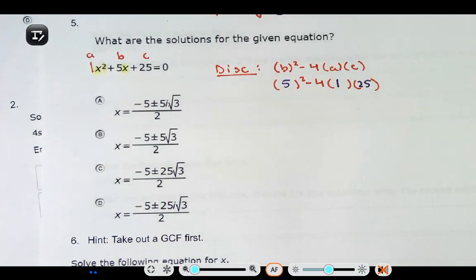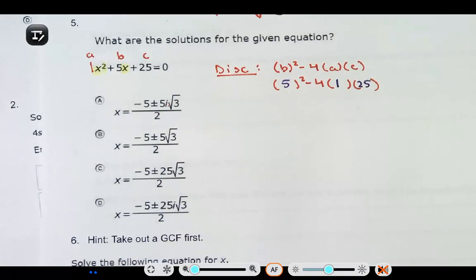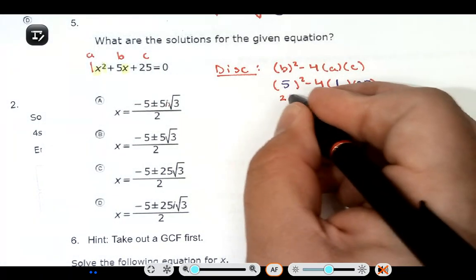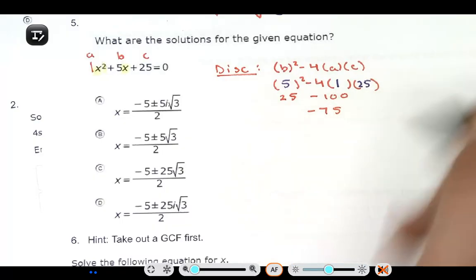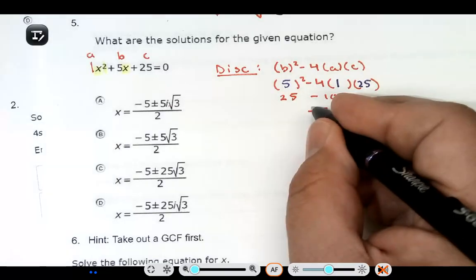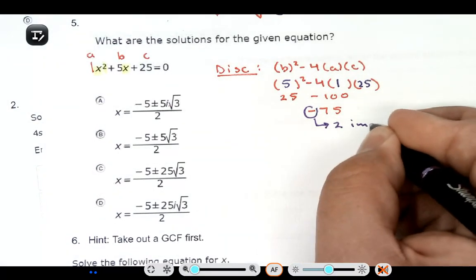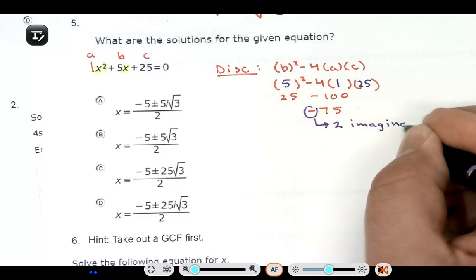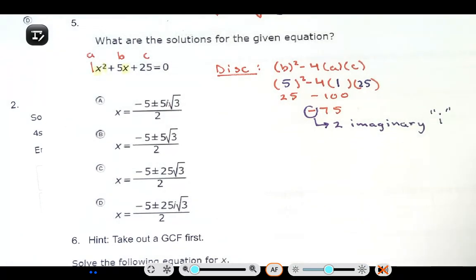All right. Now, if I work it out again, please just let Desmos handle that entire part for you there, because this becomes 25 minus 100, so it's negative 75. And look, this is why the discriminant is so important. We now know that I have 2 imaginary. And if you have 2 imaginary, then the letter i better show up in your answers.